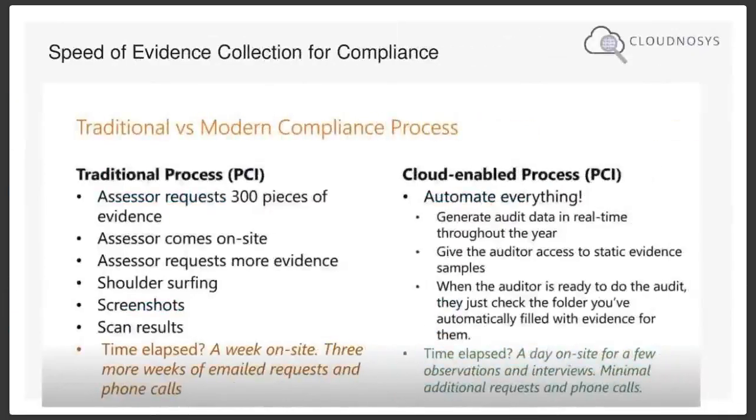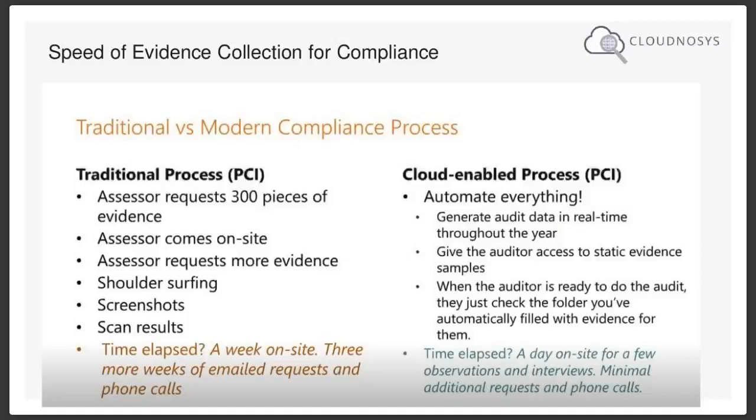Okay, just a high-level summary before I dive into the evidence collection pieces, exactly what they are. In a traditional process of, let's say, PCI, because we have all the history with PCI customers, an auditor is going to come in and ask you for tons of data.